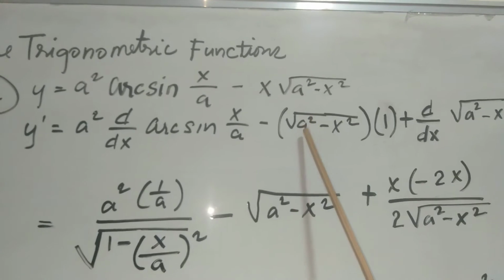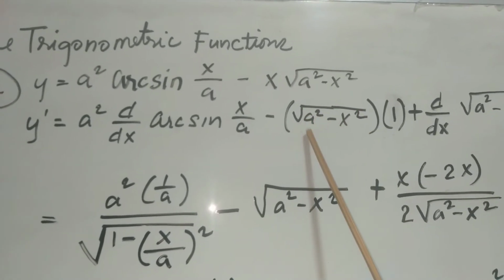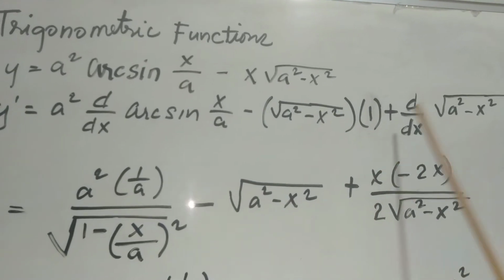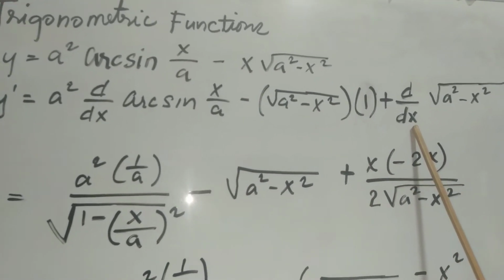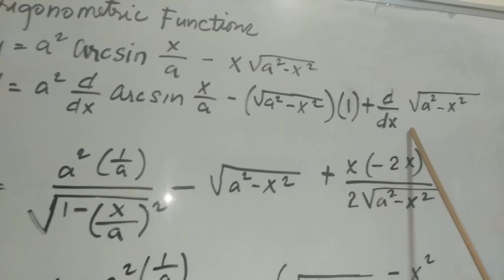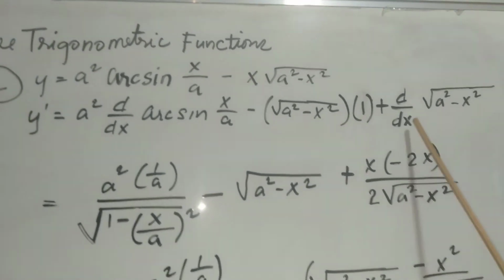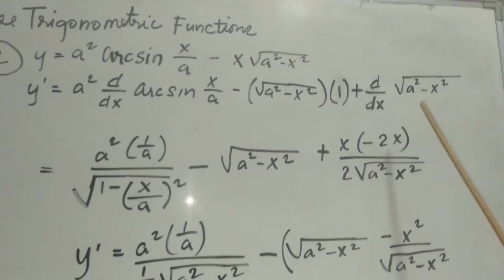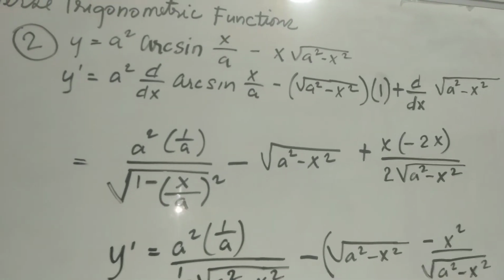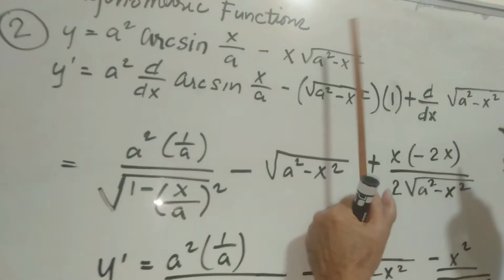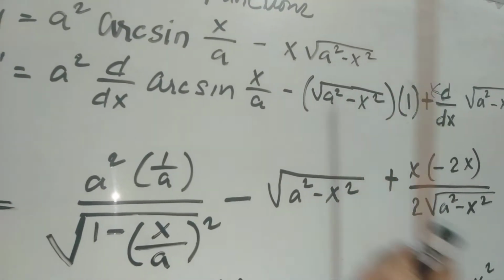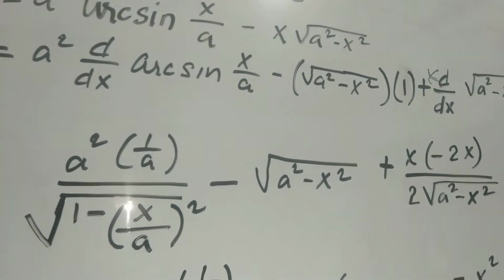This is u and v, where v is the square root of a squared minus x squared times the derivative of x, which is 1, plus x times the derivative of the square root.